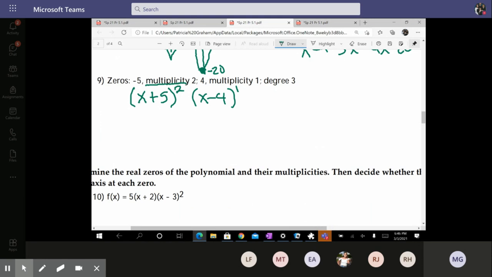The multiplicity is the degree on the outside of that parentheses. It also tells me something else. If my multiplicity is even, I am going to touch the x-axis. But if my multiplicity is odd, I'm going to cross the x-axis.